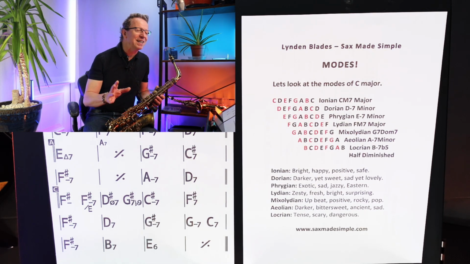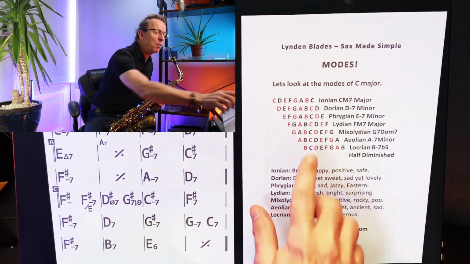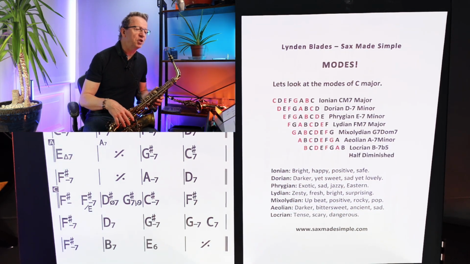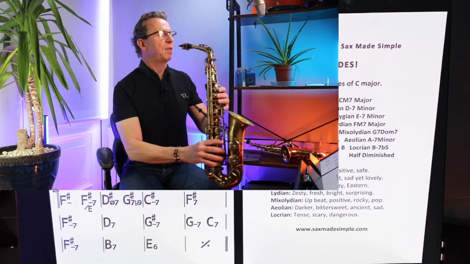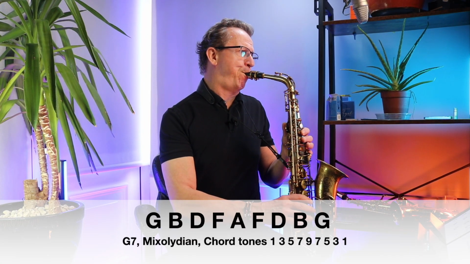It's Mixolydian, and that would be C major starting on a G, and you get this G, B, D, and F. If I play those chord tones, look. So I just played root, 3, 5, 7, 9.